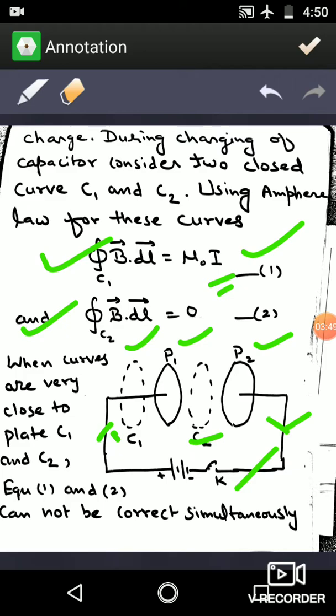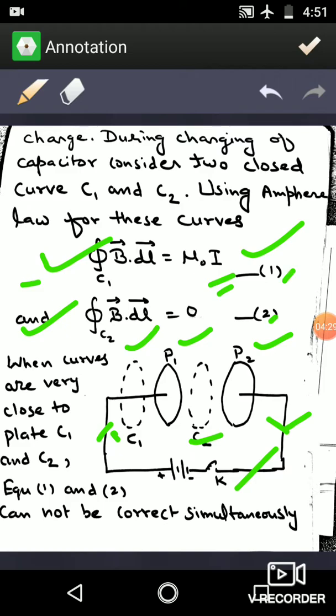Now if curves C1 and C2 are taken very close to plate P1, then equations 1 and 2 cannot be valid simultaneously, because on the left hand side we have the same quantity, the integration of B dot dl along closed curve C1 or C2, and on the right hand side we have two different quantities.